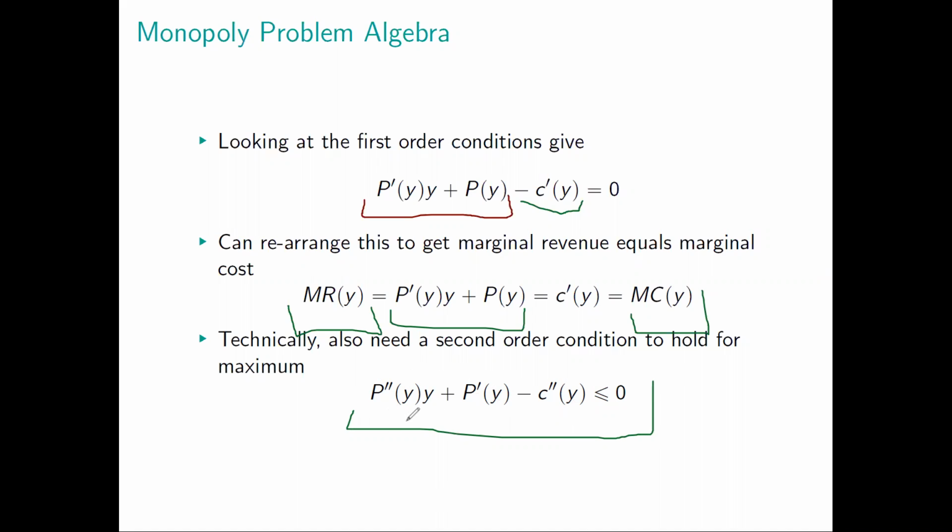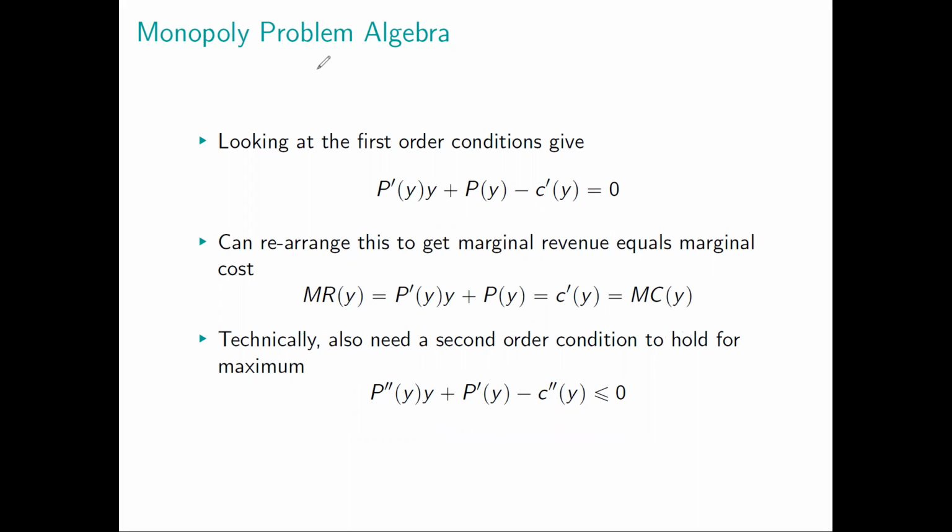So one way to guarantee this is that the cost function is convex, because if the cost function is convex, then this second derivative of the cost function is going to be greater than 0, and then the negative of that will be strictly less than 0. And then that will be times these other features, right? So this is needed for the production to be optimal for a monopolist.